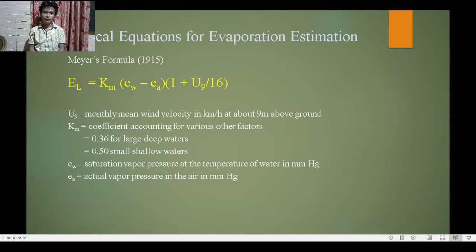So first is the Meyer's formula, which is expressed as E sub L equals K sub M multiplied by the quantity E sub W minus E sub A, multiplied by the quantity 1 plus U sub 9 over 16, where U sub 9 is the monthly mean wind velocity in kilometers per hour at about 9 meters above ground, and K sub M is the coefficient accounting for various other factors, which is equal to 0.36 for large deep waters, 0.50 for small shallow waters, and E sub W is the saturation vapor pressure at the temperature of water expressed in millimeters of mercury, and E sub A is the actual vapor pressure in the air expressed in millimeters of mercury.